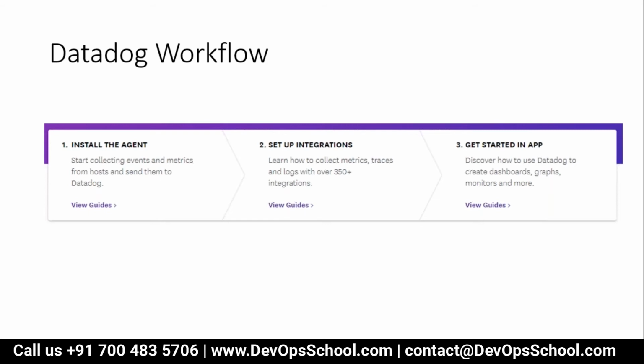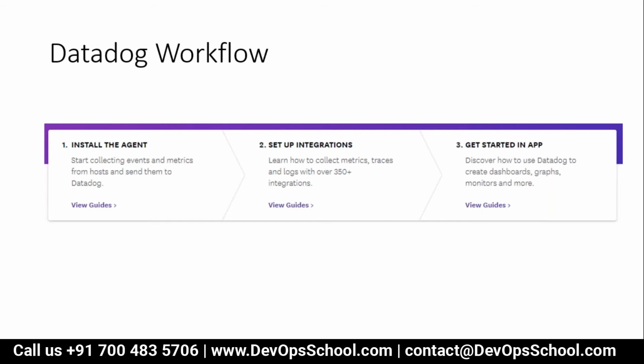First, install the agent, and once the agent is installed, set up the integration, like, which are the data you want. You want the system data, you want the network data, you want the Apache data, you want the MySQL data. Okay, what data?